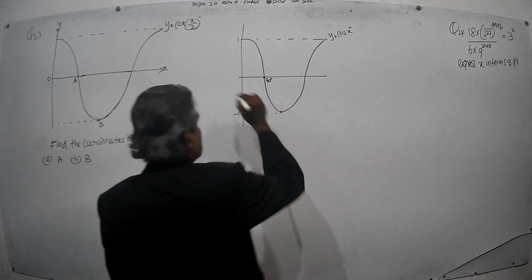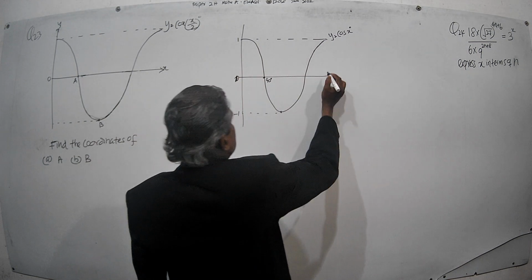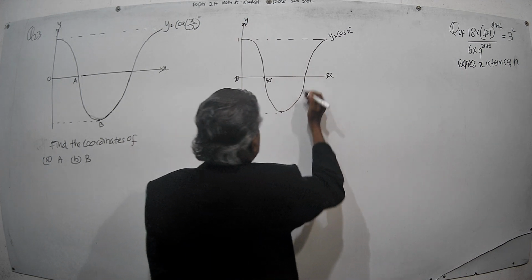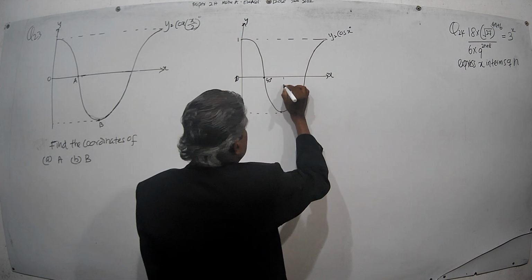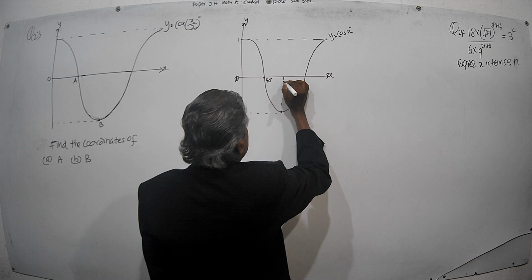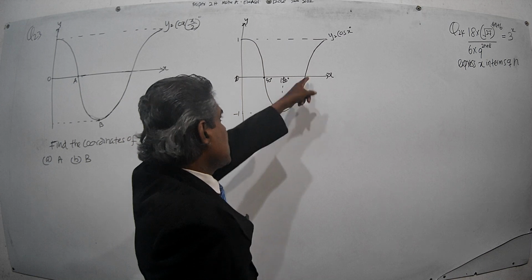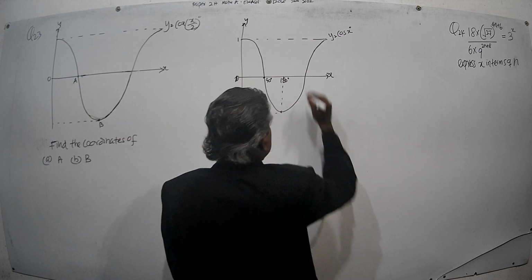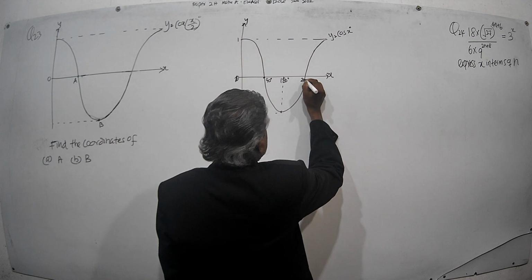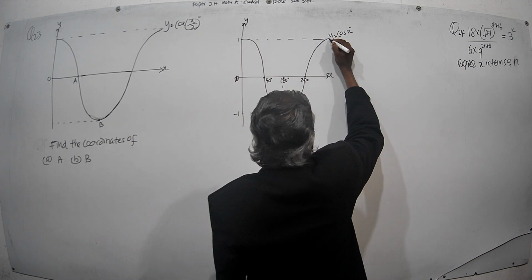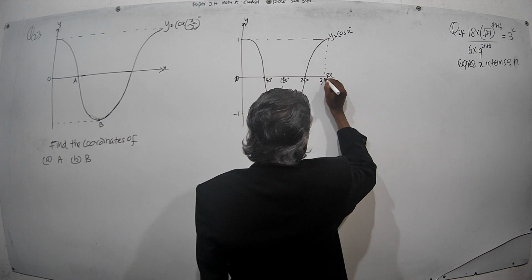The minimum turning point occurs at 180 degrees. It cuts the x-axis again at 270 degrees, then reaches the same y level again at 360 degrees.